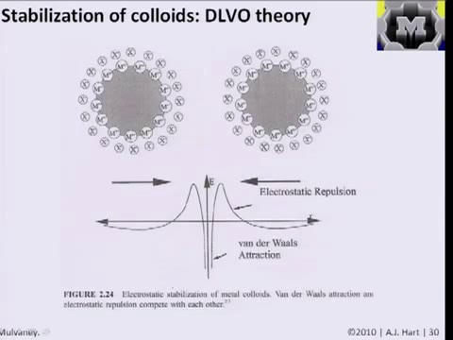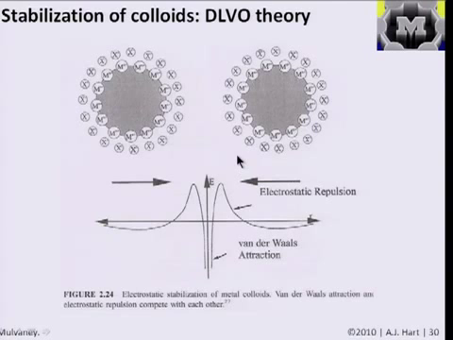And this is the basic idea that if you have two particles in a solution, and they are in proximity, then there is some overlap between the potential due to electrostatic repulsion and the potential due to attraction, and there might be some stable minimum here and a relatively large barrier to them coming into contact or coagulating that keeps them stable.